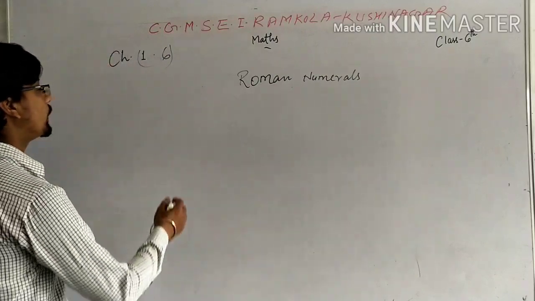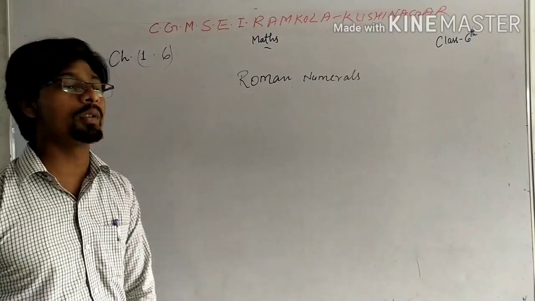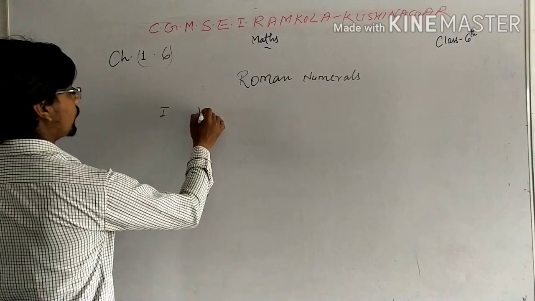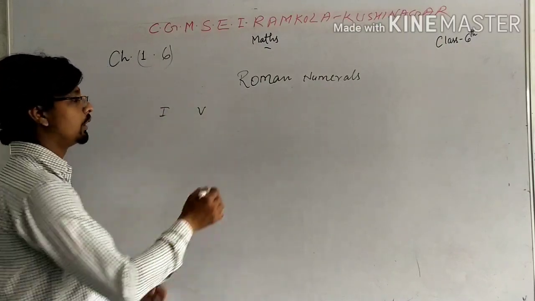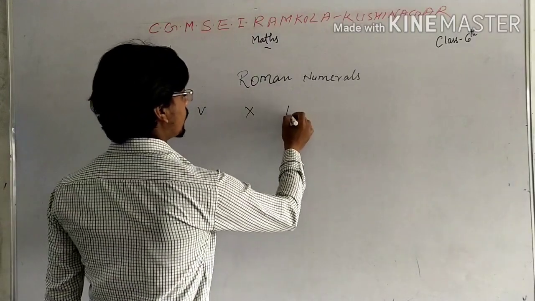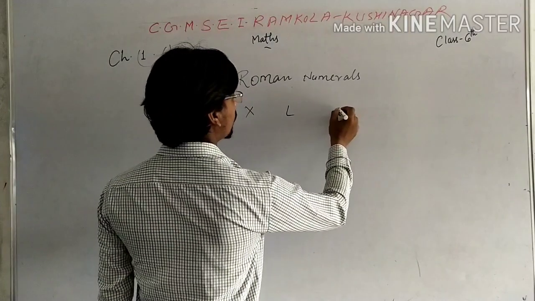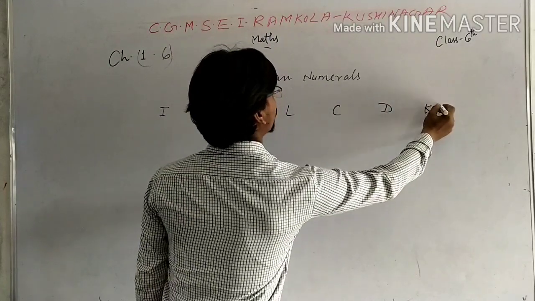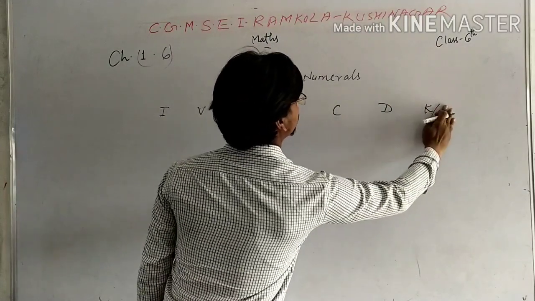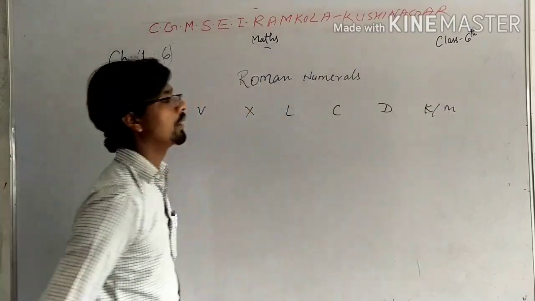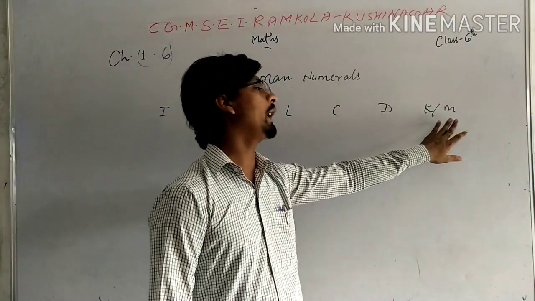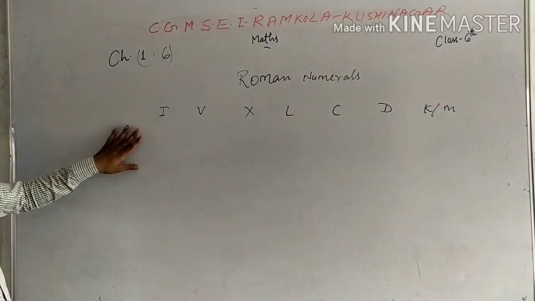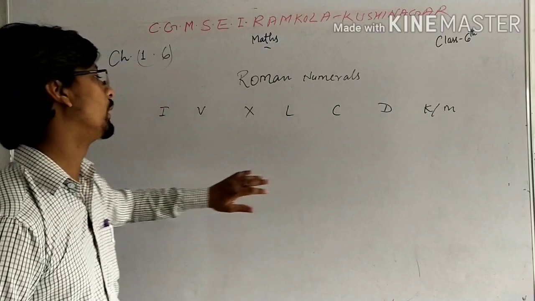You already know there are 7 basic Roman numerals: 1, 5, 10, 50, 100, 500, and you can also write M for 1000.